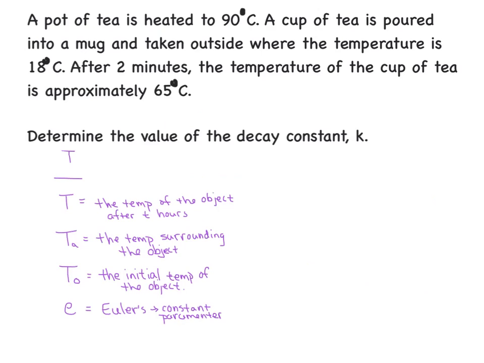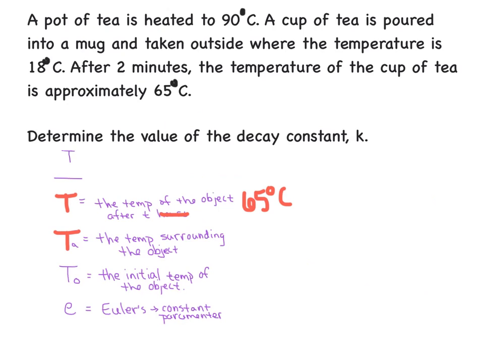So our goal here is to solve for k. I did a little copy and paste of what we already had in our notebook as far as defining all the variables within Newton's law of cooling formula, and we're going to try to assign each of these. As far as capital T goes, the temperature of the object after t minutes, in this case after 2 minutes, that would be 65 degrees Celsius.